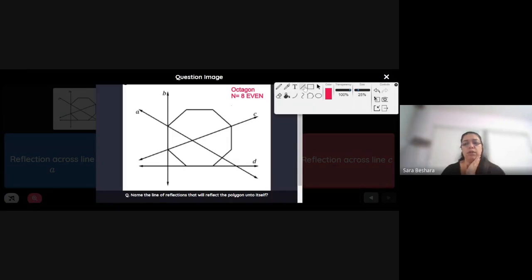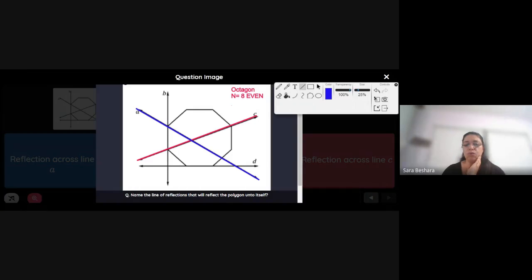So what I would do is I would take a look at all of these lines drawn. This line C right here goes exactly through one vertex to a vertex. Does it give you two exact halves? It does. So C is a line of reflection. Let's try A, I apologize, D is the bottom.